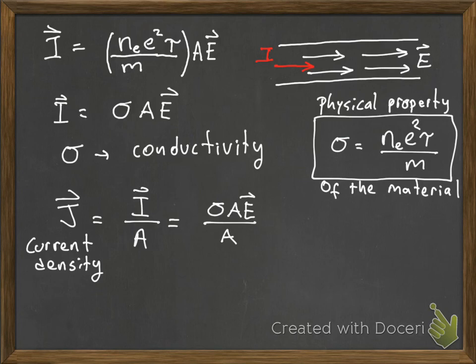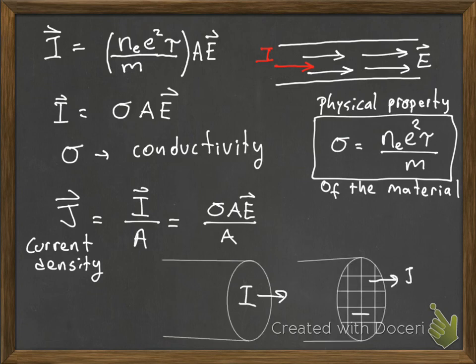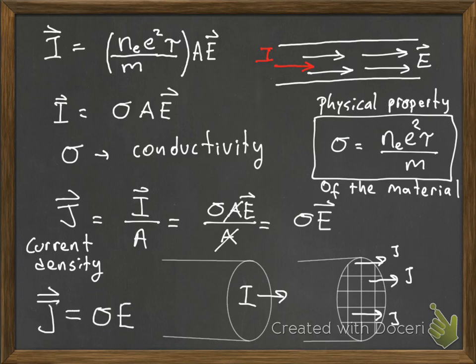Notice that if we replace the current with the expression sigma A E, then when we divide by the cross-section of the wire, the A goes away and we get sigma E. This current density is basically telling us the amount of current flowing per square meter of the cross-section of the wire. Canceling the A, we get a simple expression for the current density inside a wire. It's simply the conductivity multiplied by the electric field.